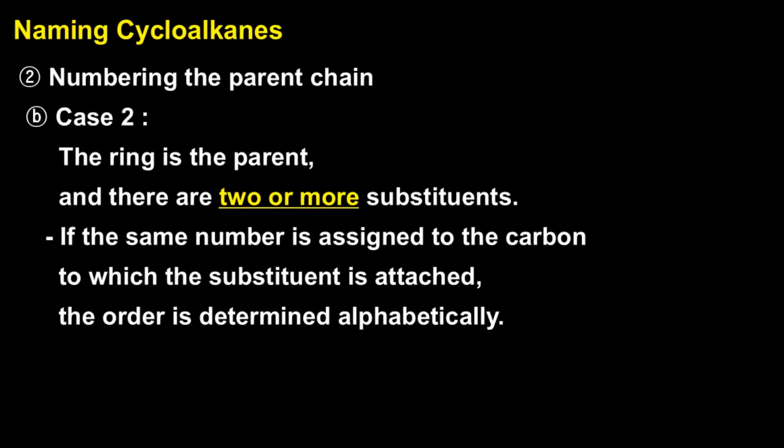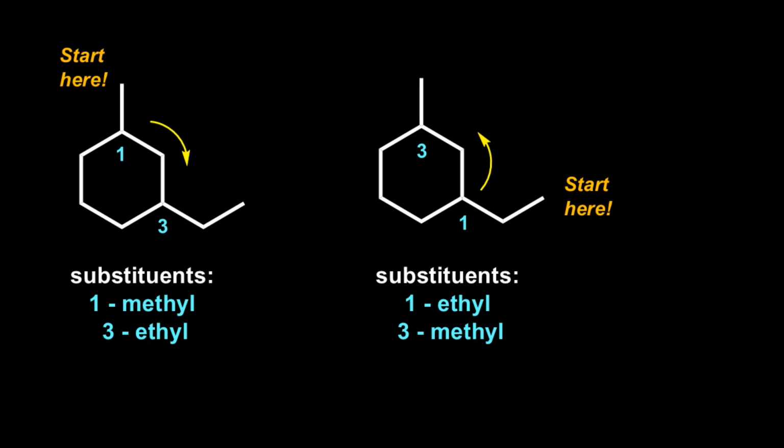But what if 2 different numbering methods give us the exact same set of numbers? Well, that actually happens sometimes. And when it does, we use alphabetical order to decide which substituent should get the lower number. Let's look at an example. In the first structure, we start numbering from the methyl group, so it goes on carbon 1, and the ethyl group ends up on carbon 3.